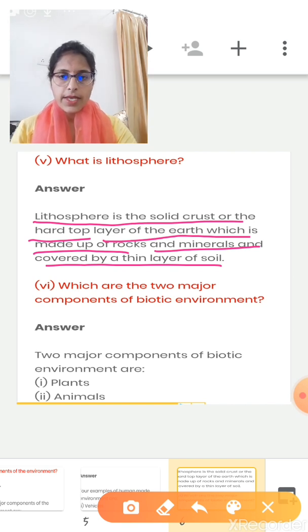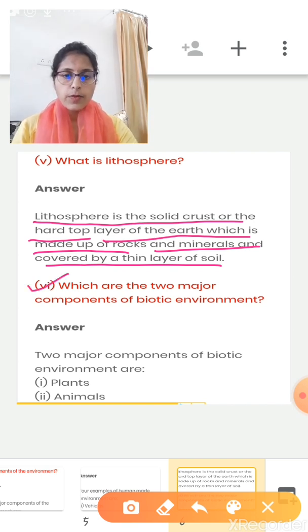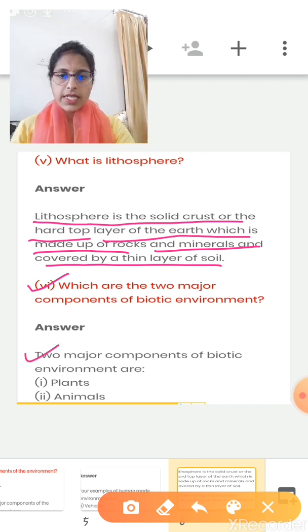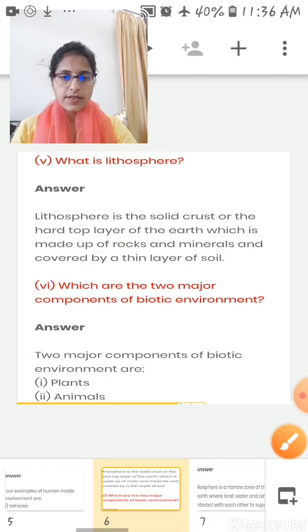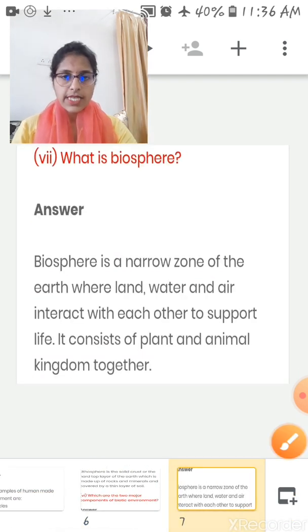Okay, now next question, question number 6, which are the two major components of biotic environment? So basically there are two. First one is plants and second one is animals. Clear? Now next, question number 7, what is biosphere?